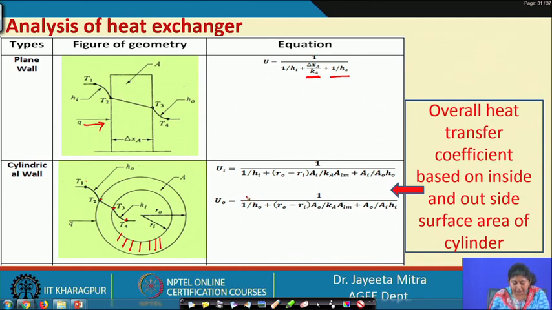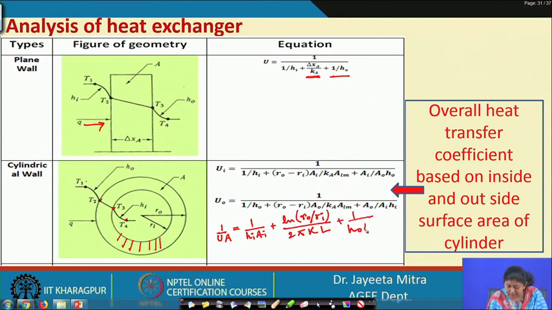Generally we define it like this: 1 by U A is equal to 1 by H I A I plus ln R O by R I divided by 2 pi K L plus 1 by H O A O.